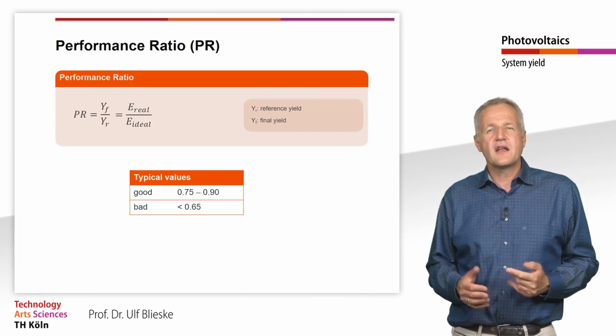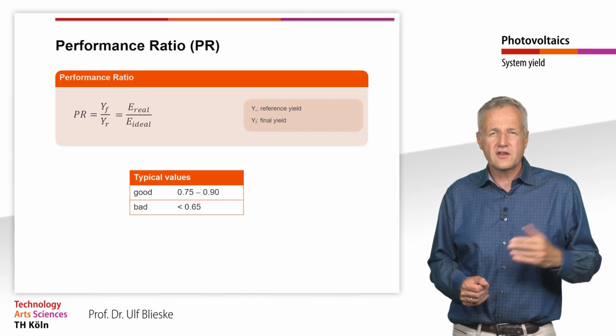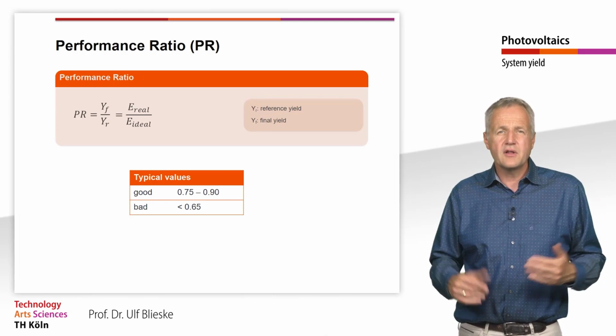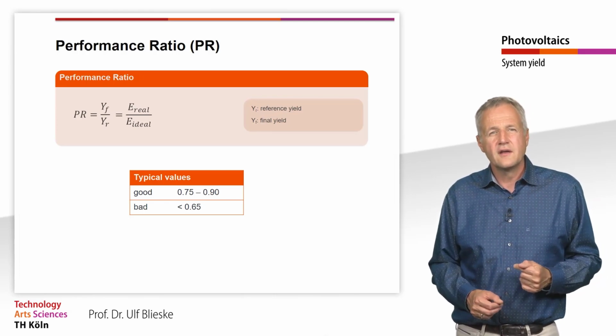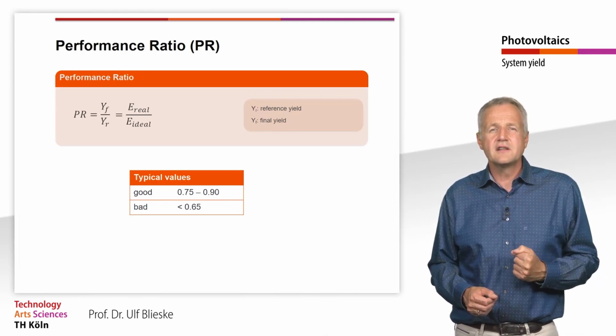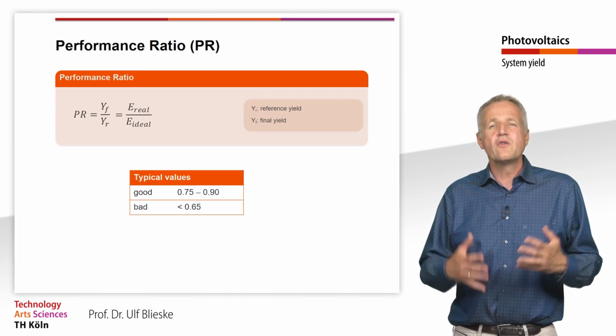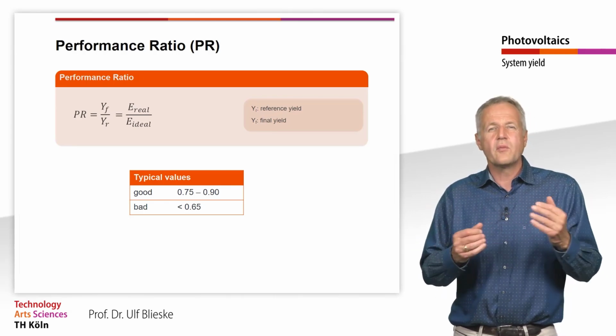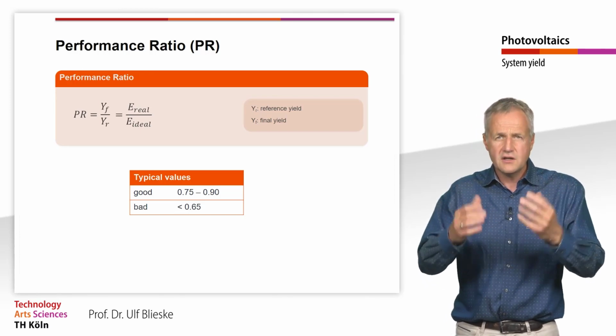However, poor plants can also have values below 0.65. The reason for such low values can be, for example, high shading losses. In contrast to the final yield, the performance ratio is only influenced to a limited extent by the location and is more a measure of the quality of a PV system.